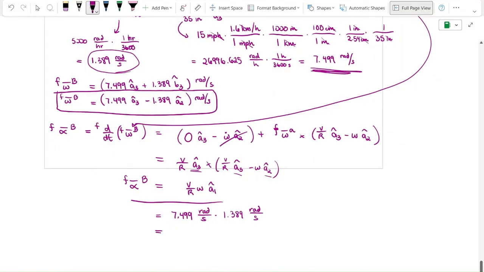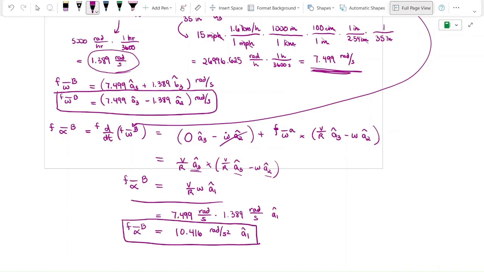I'm honestly not sure why. I feel like radians are kind of strange. But we get 7.499 times 1.389, 10.416 radians per second squared in the A1 hat direction. I guess because radians are dimensionless, if you square them, it's still dimensionless. So that's why you have a single radians and not a radian squared.